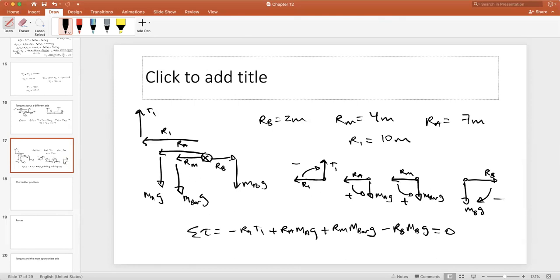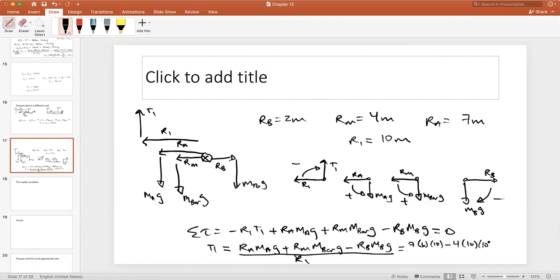But the nice thing now is we can move this term over, and so we get R1 T1 is equal to RA MA G plus RM M bar G minus RB MB G. And by dividing through by R1, we get that this is RA was 7, MA was 6, and this is 10, plus RM was 4, and the bar was 10, and this is 10.